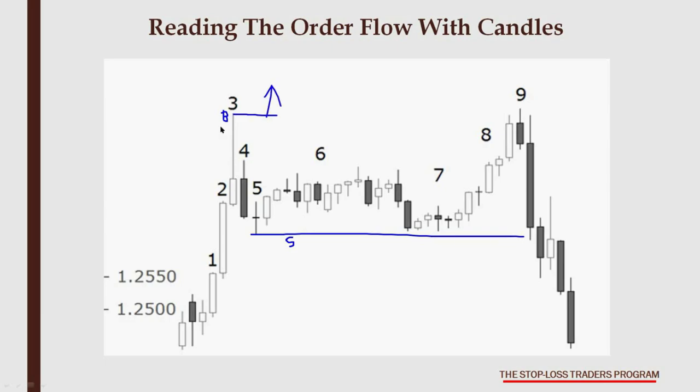And lastly is the covering of your short. In two of these cases, when you are creating a fresh long position and when you are covering your short, you are actually buying. And when you are unwinding your long and creating a fresh short position, you are actually selling.